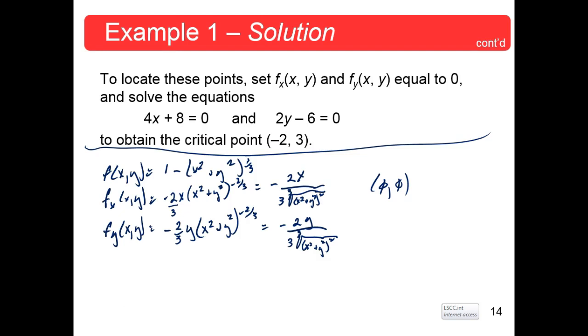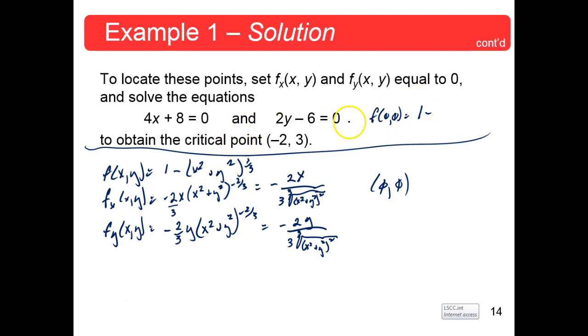Okay, well, let's back up. Let's get the value at the point 0, 0. That's our critical point. So f at 0, 0 is equal to 1 minus (0 squared plus 0 squared), which is 0. The cube root of 0 is 0.